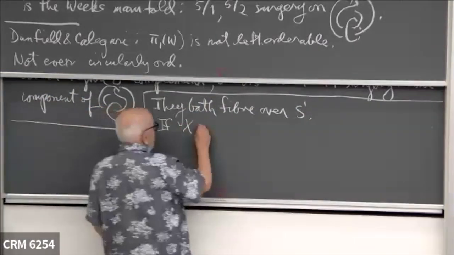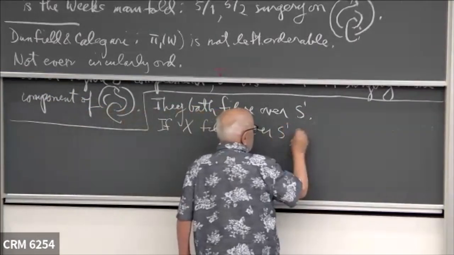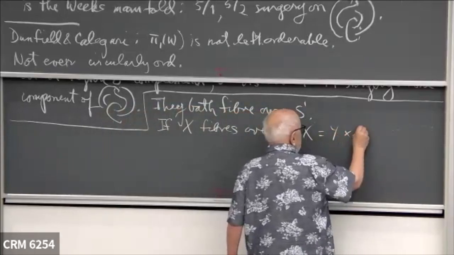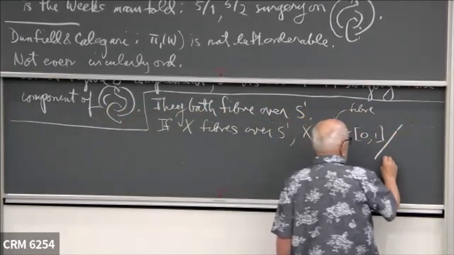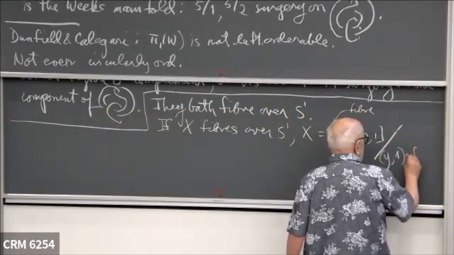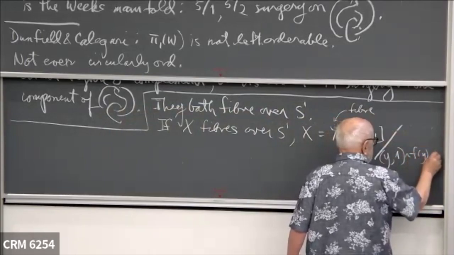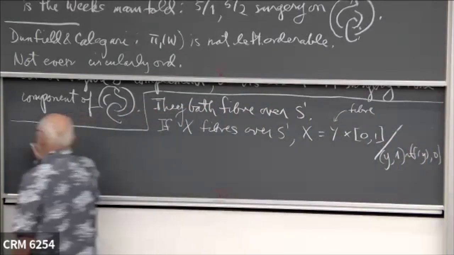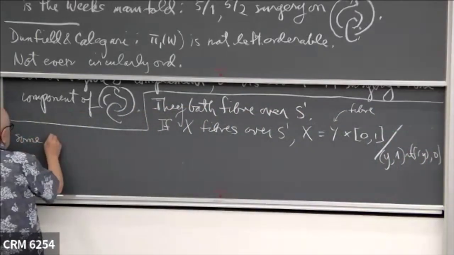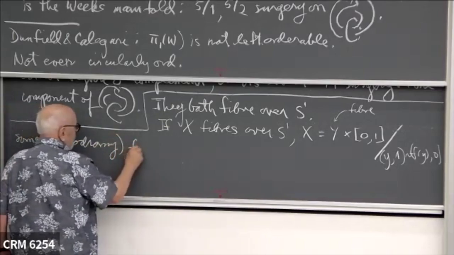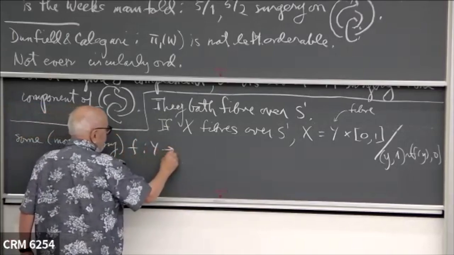If X fibers over S1, we can regard X as the fiber Y across an interval, where Y1 is identified with f of Y0, for a homeomorphism f sometimes called the monodromy.